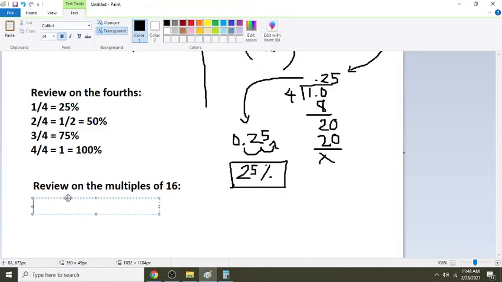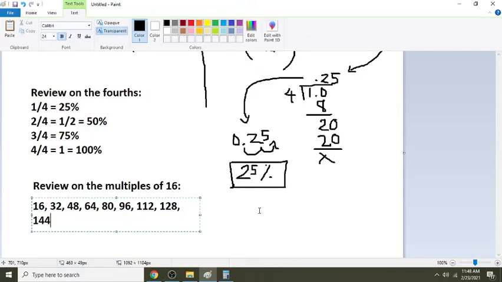Let's put them here. We have 16, 32, 48, 64, 80, then 96, 112, 128, 144, and 160, all the way to 176 and 192.